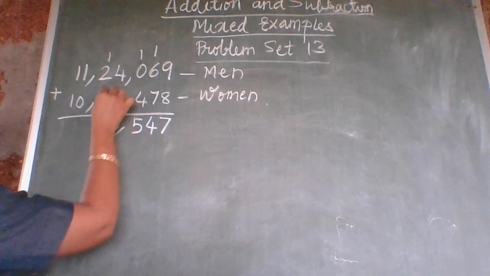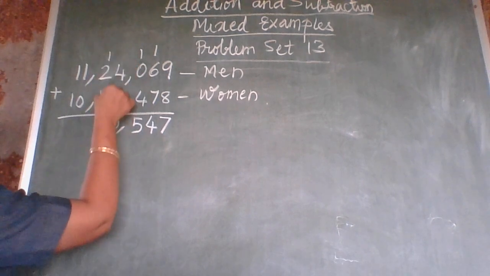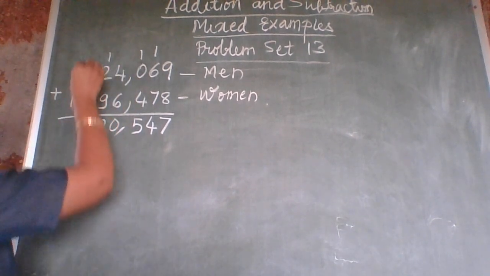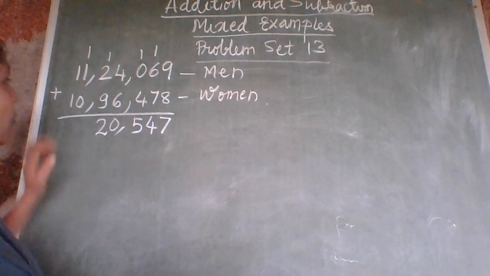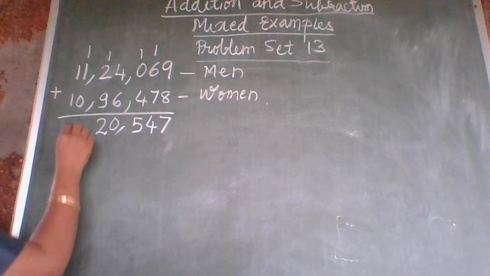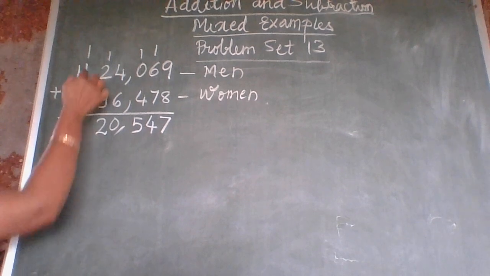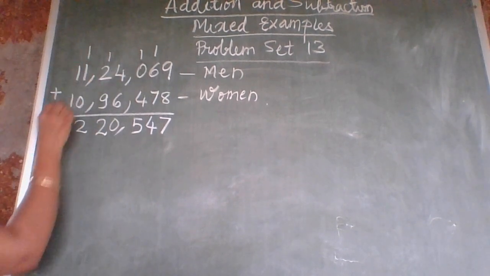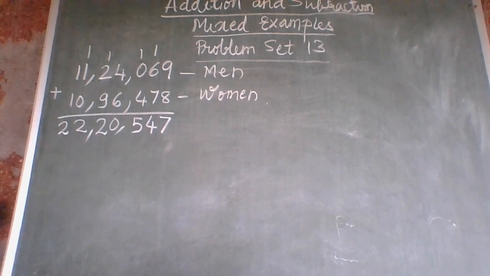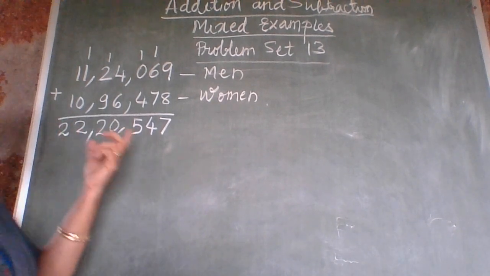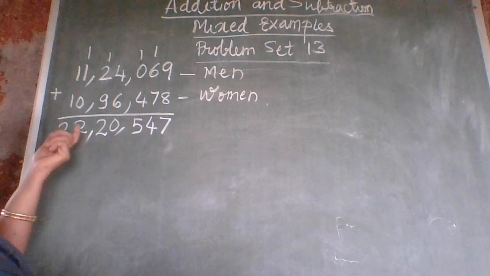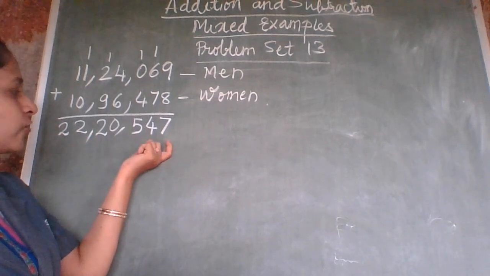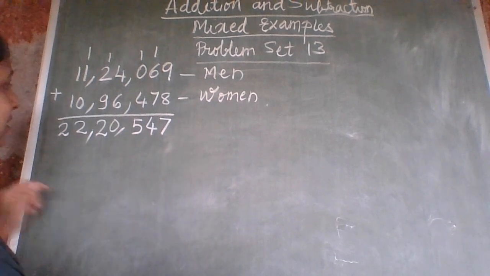Carry 1. So this becomes 9 plus 1 is 10, plus 2 is 12. Carry 1. 1 plus 1 is equal to 2. 1 plus 1 is 2, plus 0 is also 2. And 1 plus 1 is equal to 2 again. So the total number of men and women together was 22,20,547.